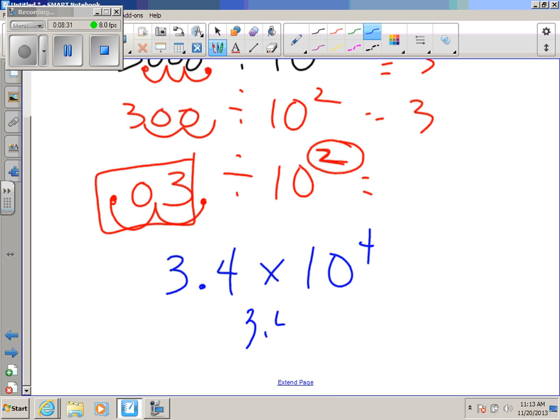So I know where my decimal is, and I'm going to have to move it how many places? 1, 2, 3, 4, and I need to add zeros in these open spots. Your new answer becomes 34,000.